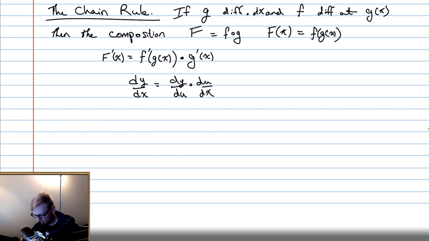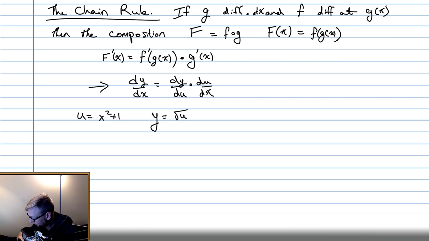Okay. How do we use it? Let's use it with this new notation first. We've got a question. u equals x squared plus 1 and y equals the square root of u.